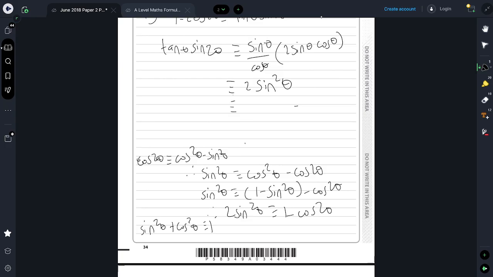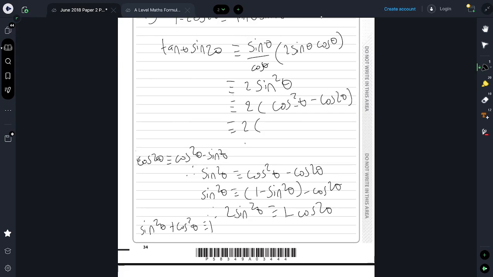Well, let's jump with what we did before. So we know that this is true. So that means sine squared theta is 2 lots of cos squared theta minus cos 2 theta, like we did before. But now we're going to use the Pythagorean identity. No, we're not. Sorry. What we're going to do is reuse the cos 2 theta bit.